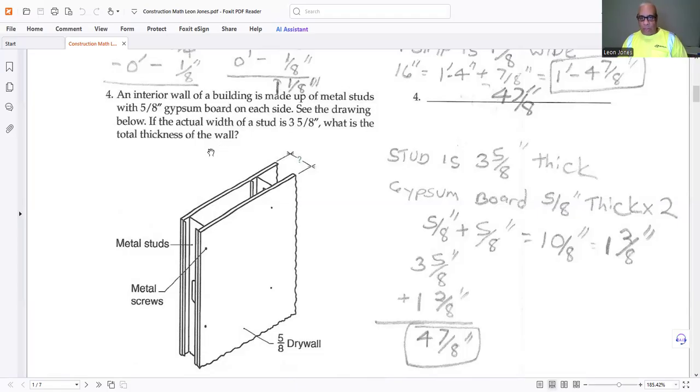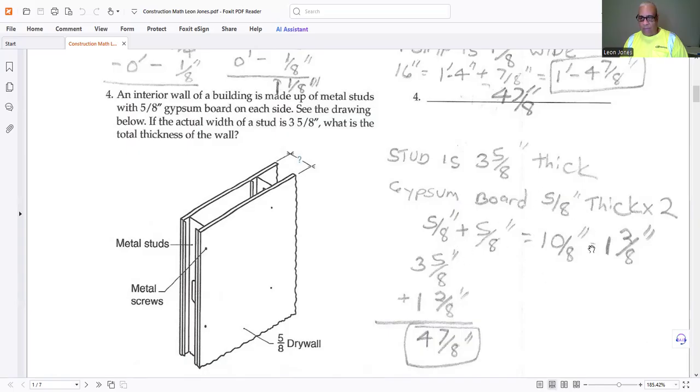what is the thickness of the wall, the total thickness? So again, when you're doing problems, you want to make sure that you write down all the information that you're given. So the stud is 3 5/8 inches thick. The gypsum board is 5/8 inches thick. Now remember, you have two gypsum boards, one on each side. So you're going to have to add both of those up.